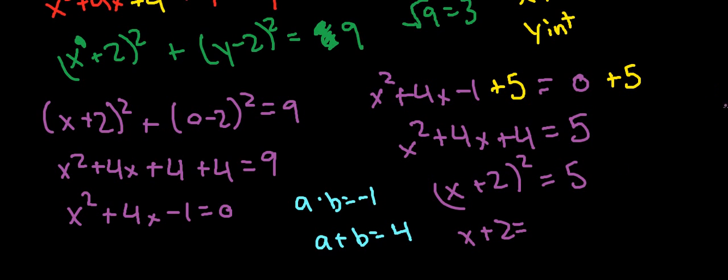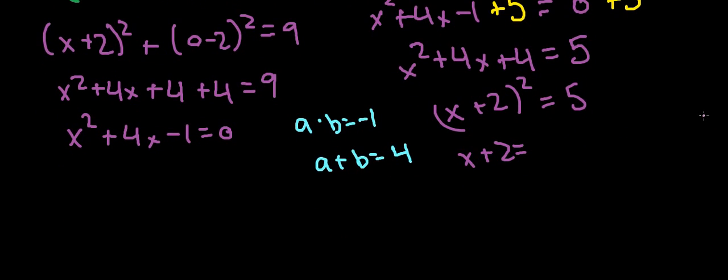And now here's another part where a lot of people are going to mess up. When we take the square root of a number, it's going to equal the positive and negative values. So we're going to get plus or minus the square root of 5. Because when we take the square root of 5, there are two different numbers that squared can give us 5.